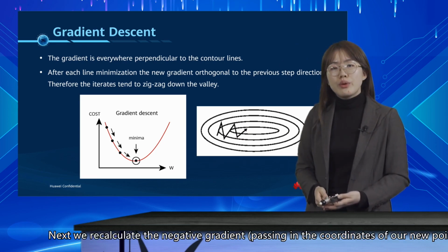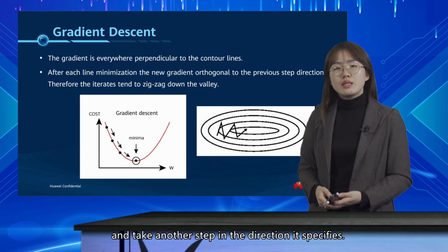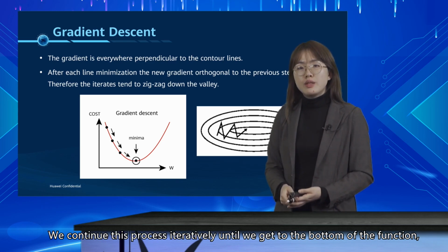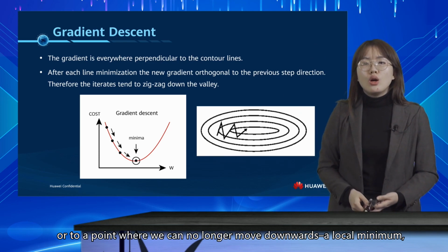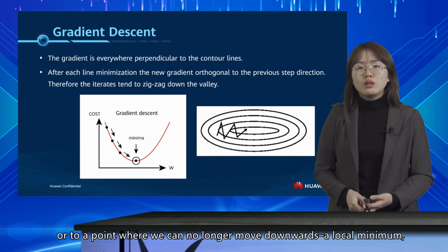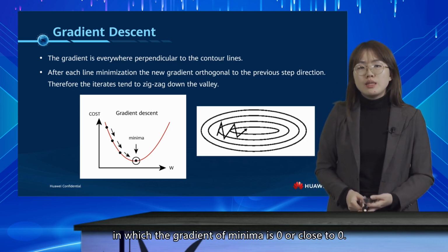Next, we recalculate the negative gradient, passing in the coordinates of our new point, and take another step in the direction it specifies. We continue this process iteratively until we get to the bottom of the function, or to a point where we can no longer move downwards, a local minima, in which the gradient of the minima is 0 or close to 0.